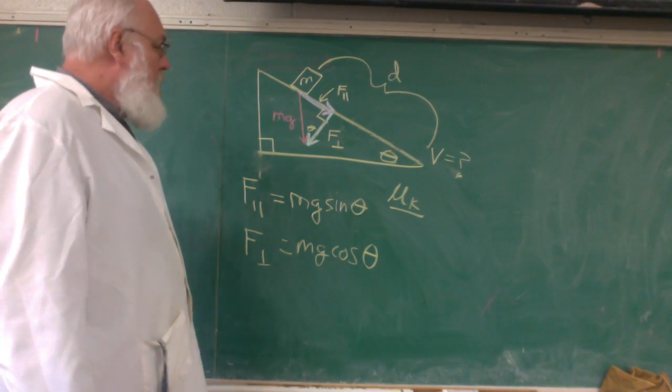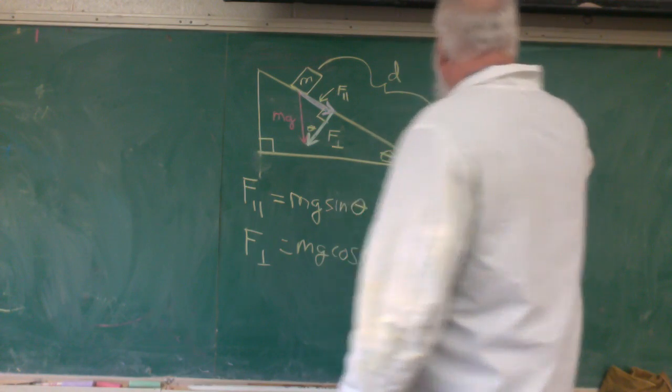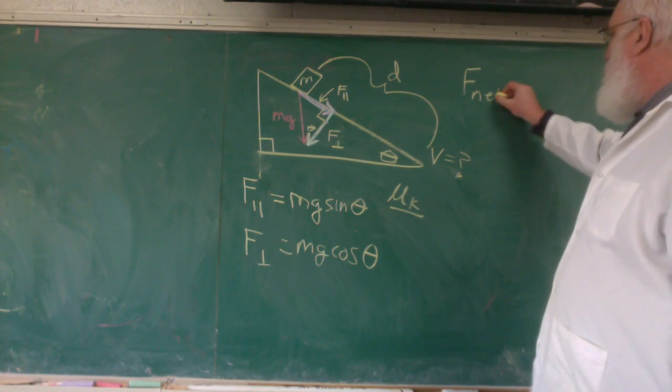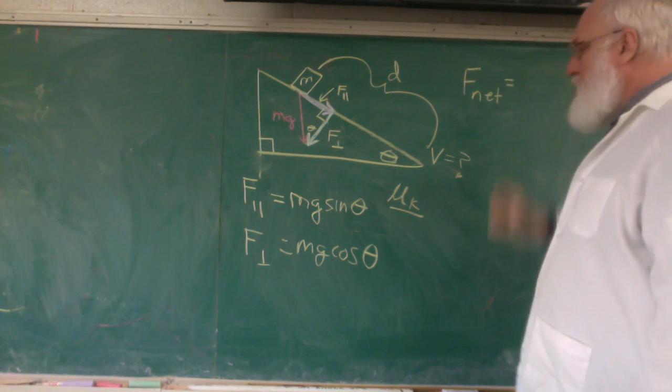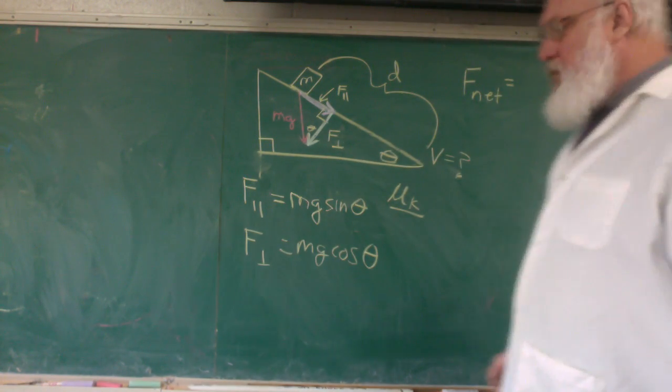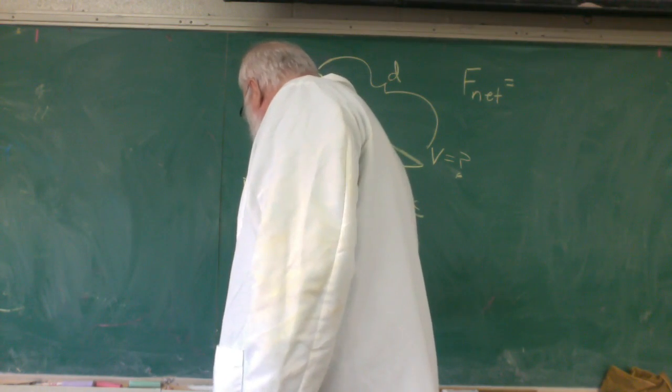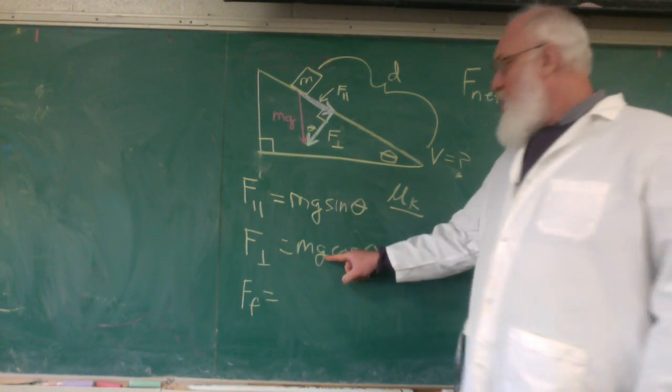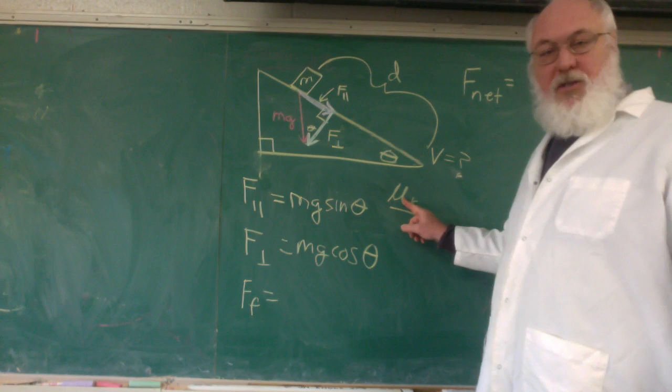Okay, so what will that mean? Well, the net force will be equal to this force parallel, minus the force of friction. And the force of friction, of course, is the normal force, this force we have here, multiplied by the coefficient of friction.